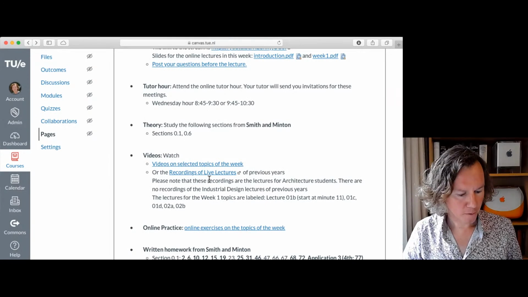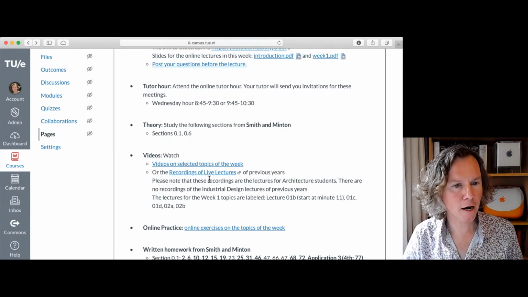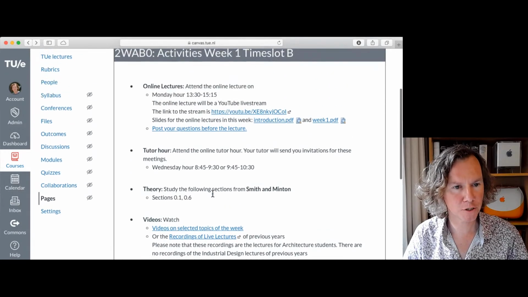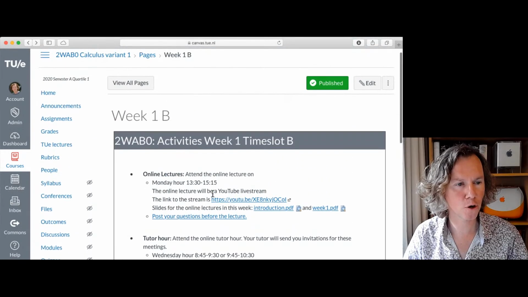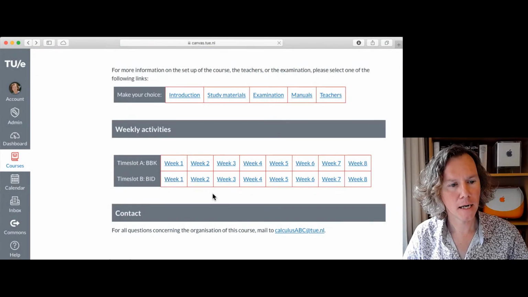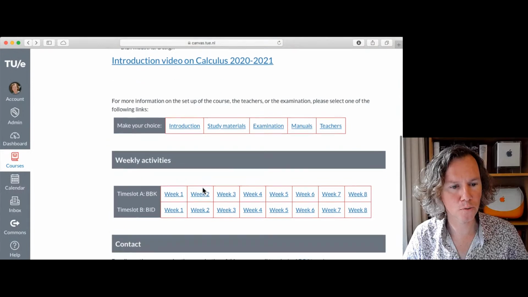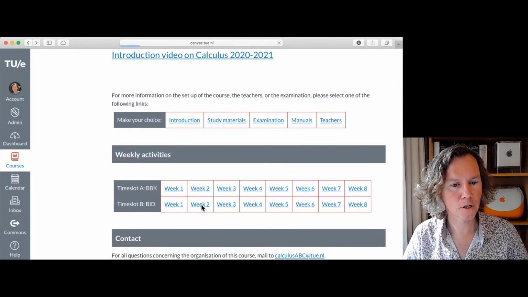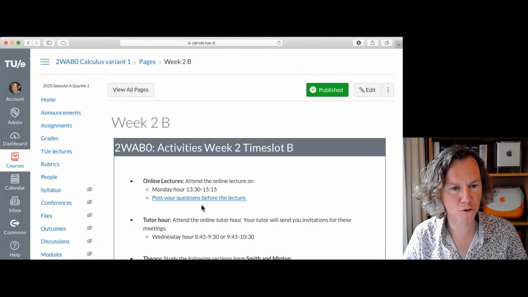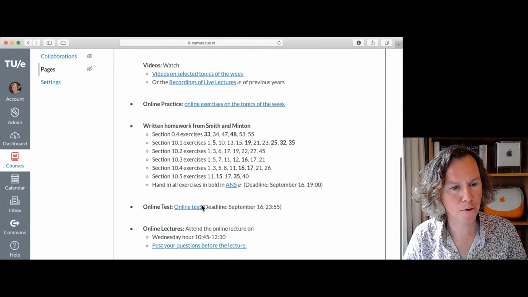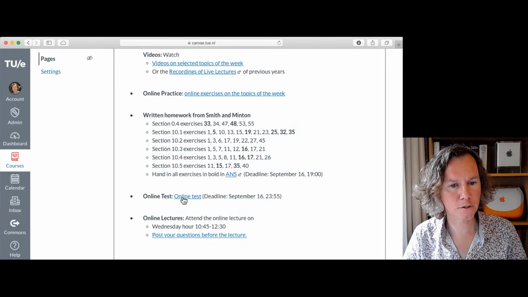One last thing to wrap up is that I would like to show you how these digital questions work. So I'm going back and starting in week 2, so I'm going to go to week 2 here. Starting in week 2, we have the digital test. So week 2 has the same outline, but here there is the online test, and you see the deadline is September 16.